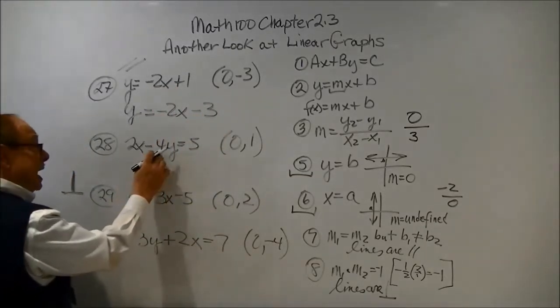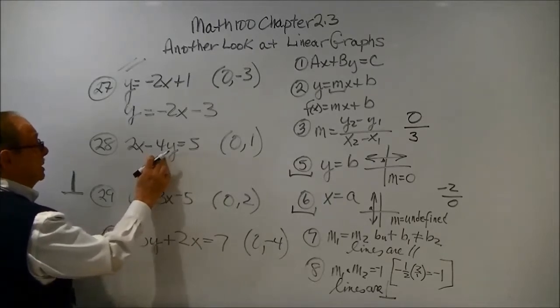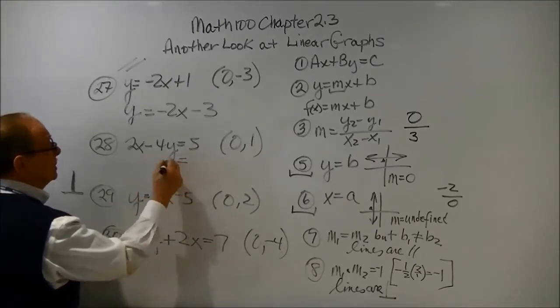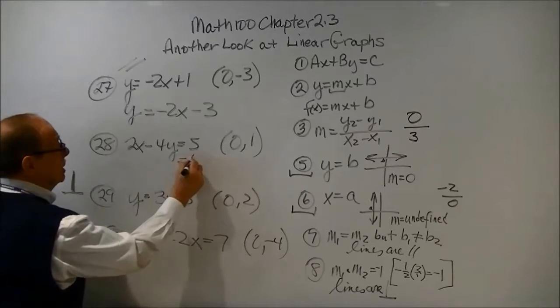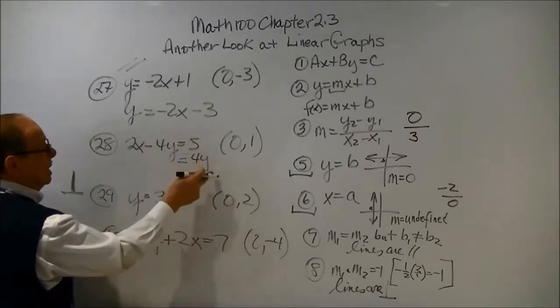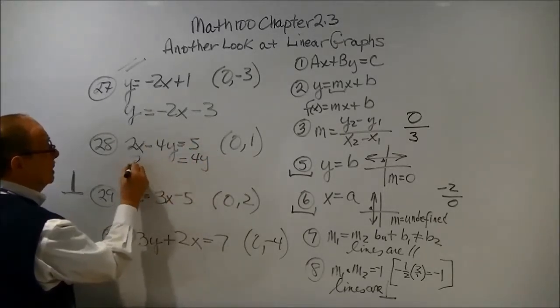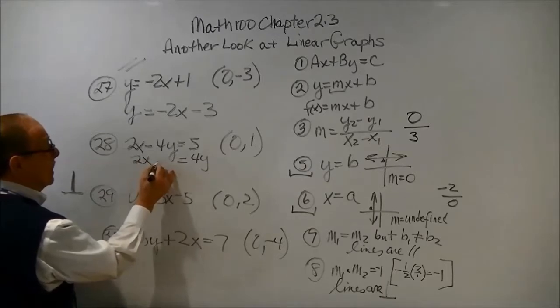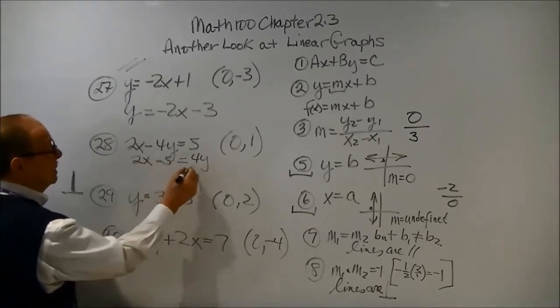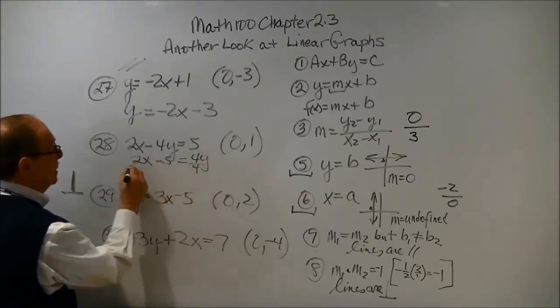Here we have to find the slope of this line, so I'm going to solve for y. The 4y on the other side becomes positive: 2x minus 5, divide by 4.